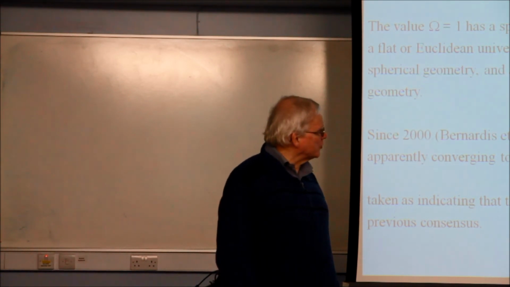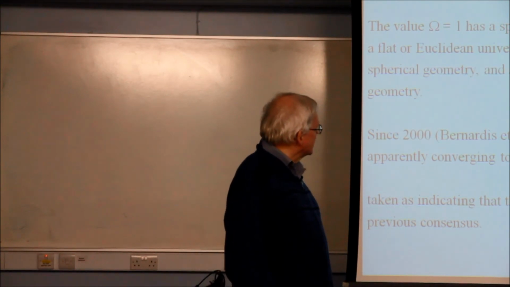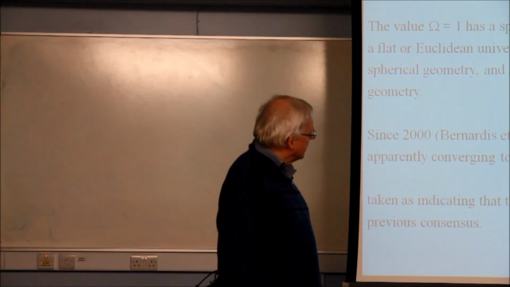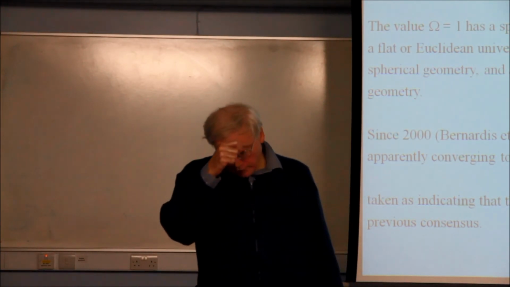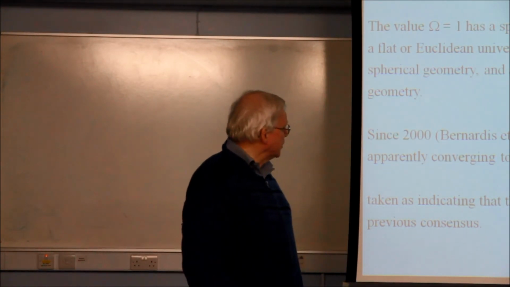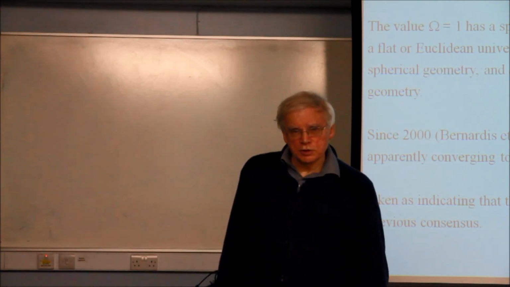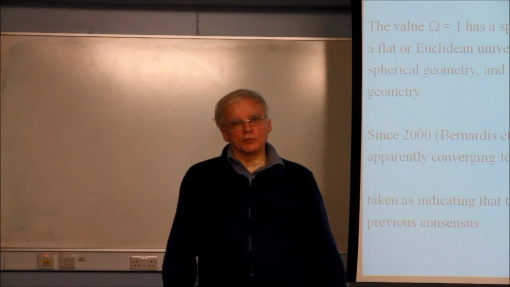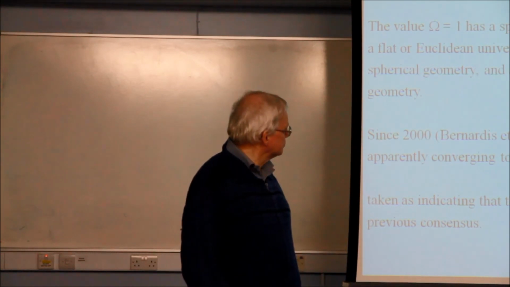And I think the key experiment was called the Boomerang experiment. And that established that the critical density was 1. Now that came as a bit of a surprise. Most people thought that the universe was a closed universe. Few people thought that it would be Euclidean and flat, but apparently it is.